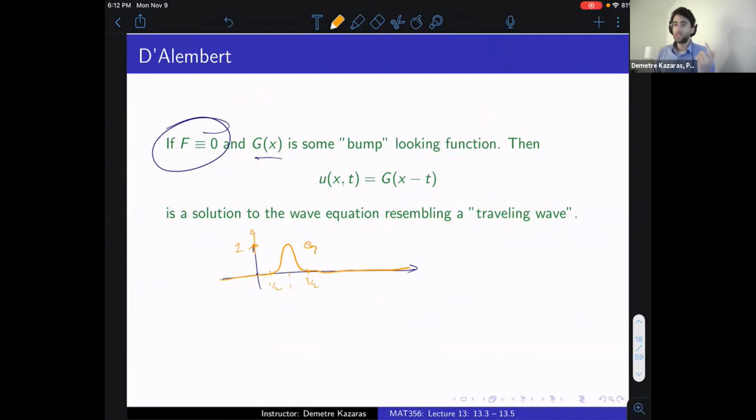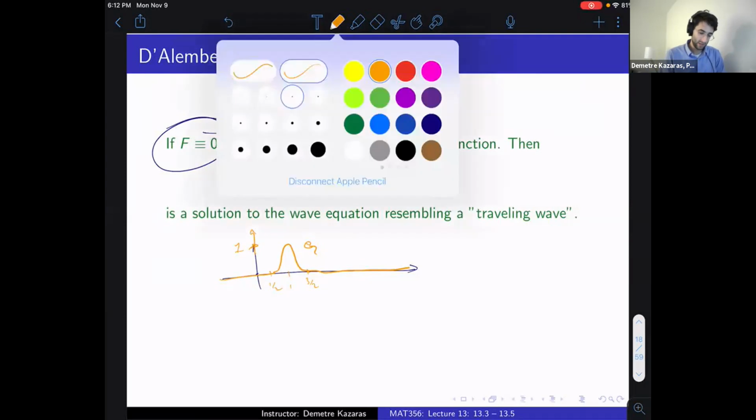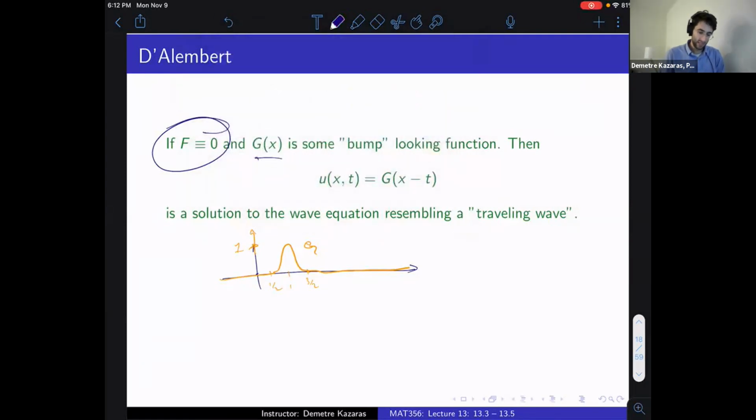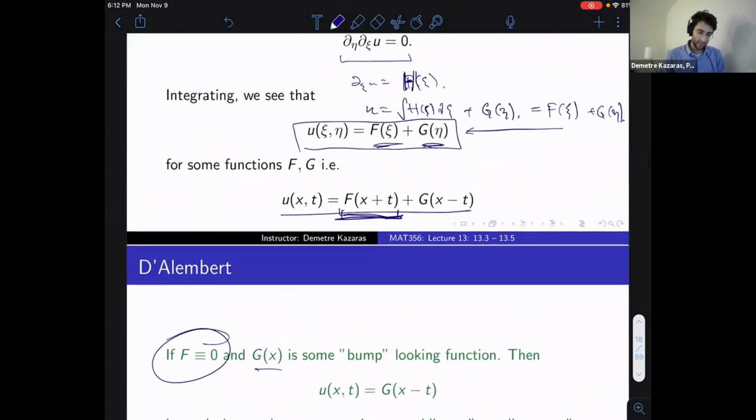Well, remember, we're not just going to be plugging in t or x into it. We're going to be plugging in the difference of x and t. Anyway, suppose this is what g looks like. G, and remember g was a function of what? Eta.